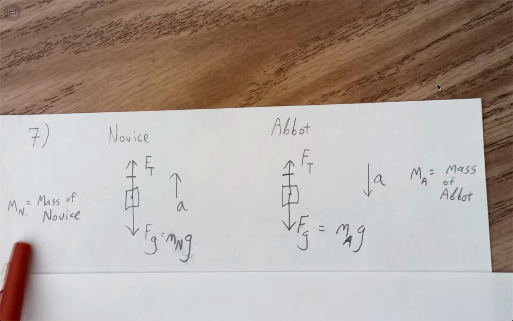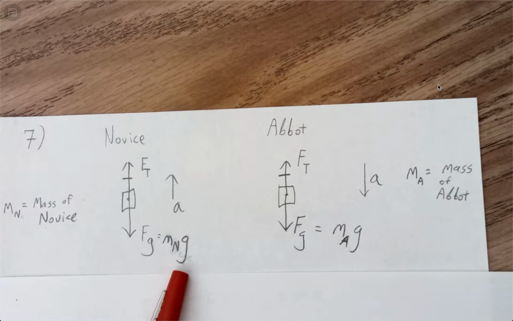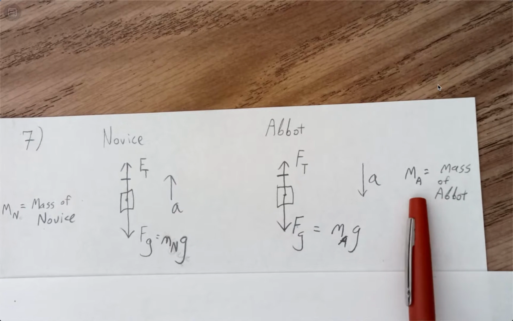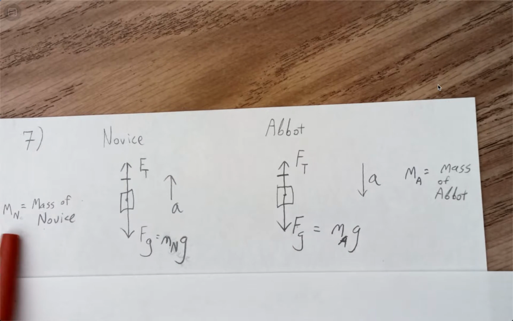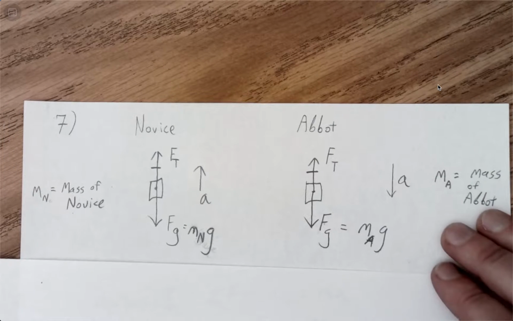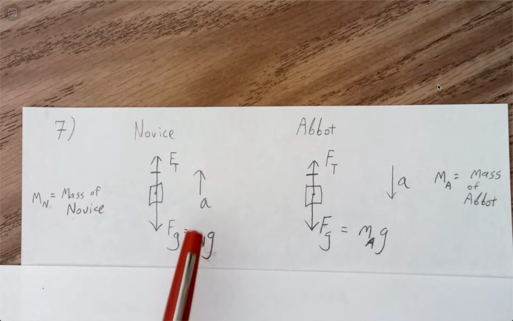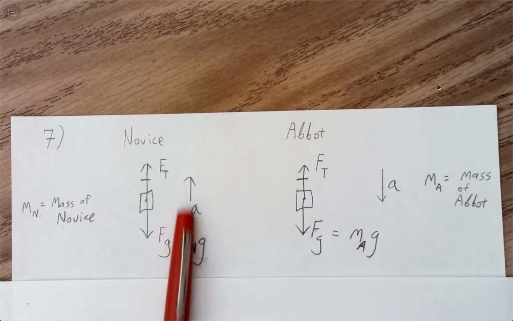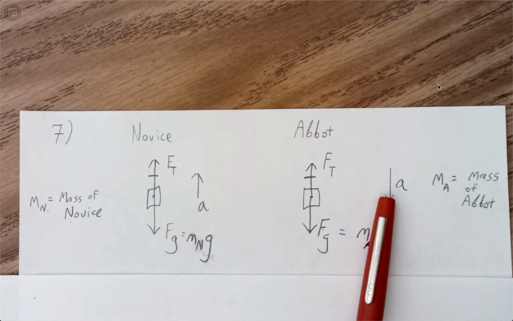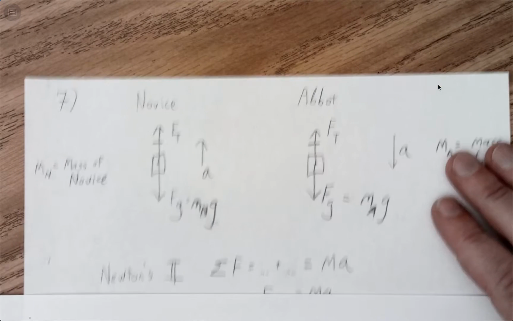I'm going to use that this force due to gravity is mass times gravity, and the mass of the abbot is ma, the mass of the novice is mn. We also have to indicate where we think it's going to accelerate. I'm going to say that the novice is accelerating up, and in turn, the abbot is accelerating down. And so here are our free body diagrams.